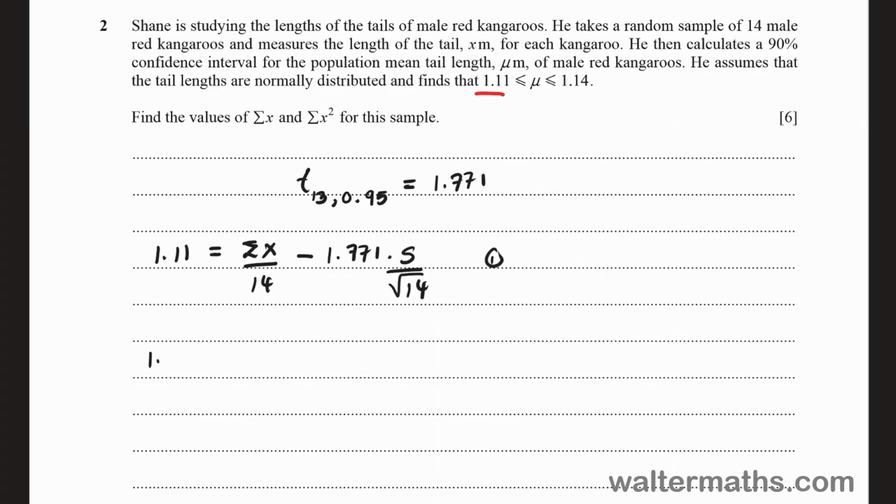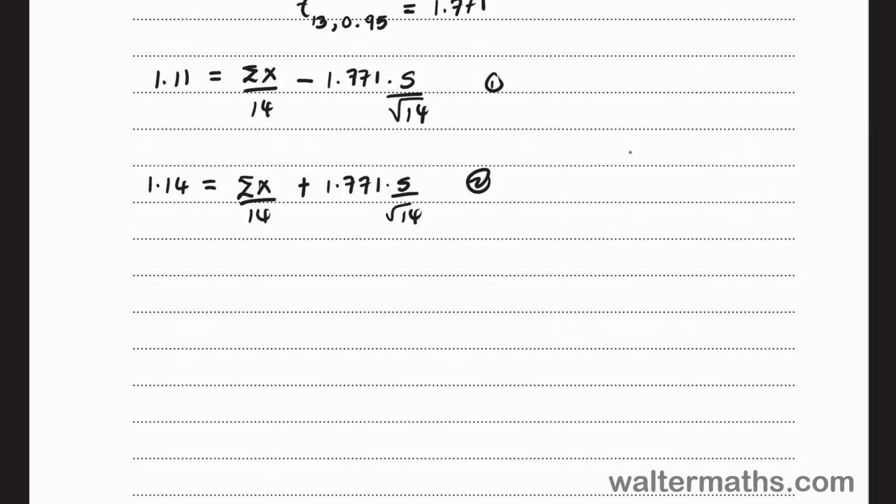Then we also have 1.14, which is the upper. It's x bar, which is sum of x over 14, plus, now this is 1.771 of s over root 14. That's equation 2. So we can actually add the two equations, right?